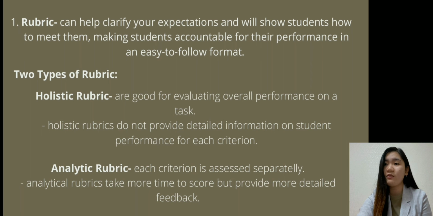The levels of performance are treated as a whole. While in an analytic rubric, each criterion is assessed separately using different descriptive ratings. So each criterion receives a separate score. So analytic rubrics take more time to score but provide more detailed feedback.